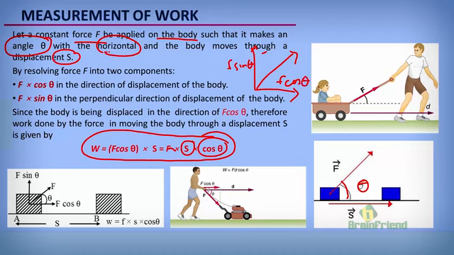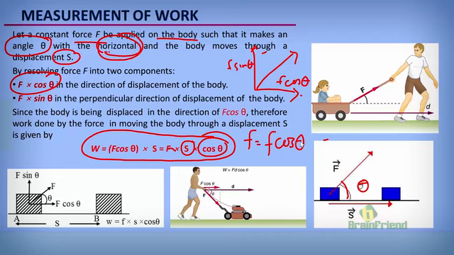Now, since we are concerned about the horizontal direction, you take the x-axis, which is F cos theta. So now your F becomes F cos theta.